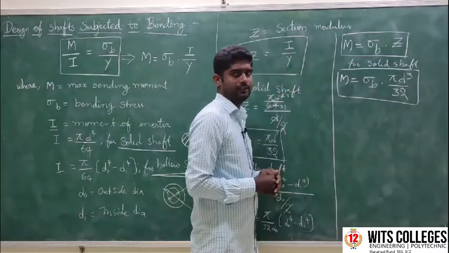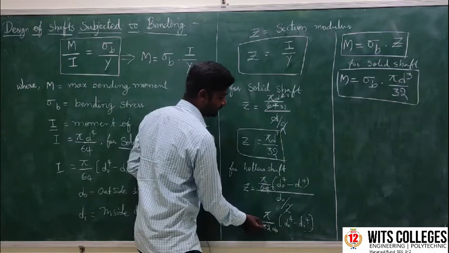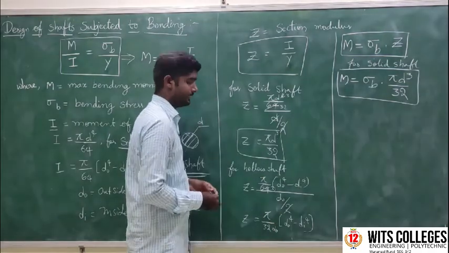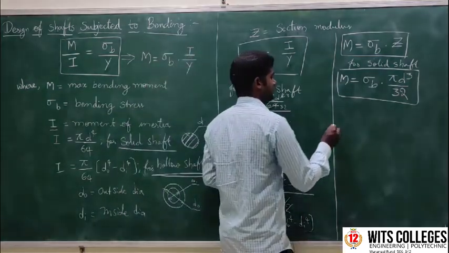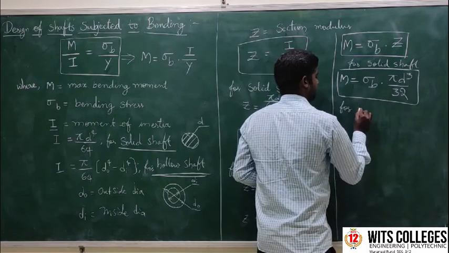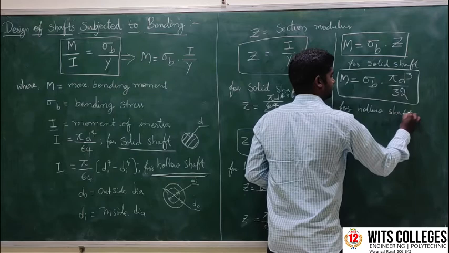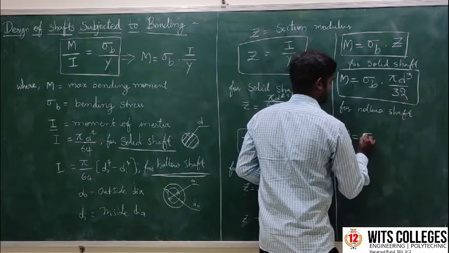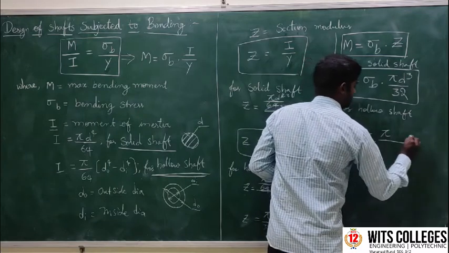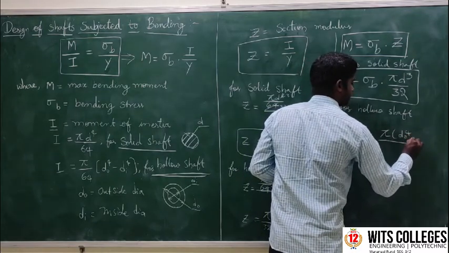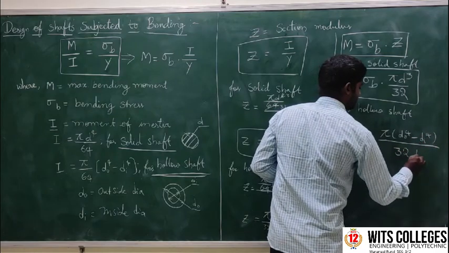Next, the hollow shaft. For a hollow shaft, the section modulus Z is equal to pi by 32 d naught into d naught power of 4 minus di power of 4. Substituting this for the hollow shaft, M is equal to sigma b into pi into d naught power of 4 minus di power of 4 by 32 d naught.